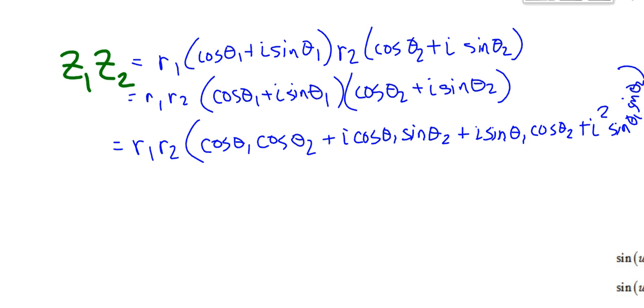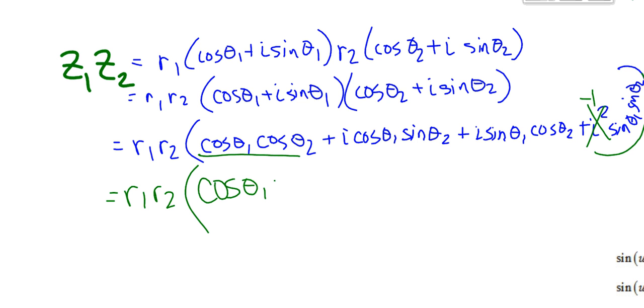Okay, so I want to match these together. I want to match that one and this one. And I squared is what? Negative 1. So I have cosine alpha cosine beta minus sine alpha sine beta. What's that equal to? Okay, so R1, R2. This is going to be cosine theta 1 plus theta 2.